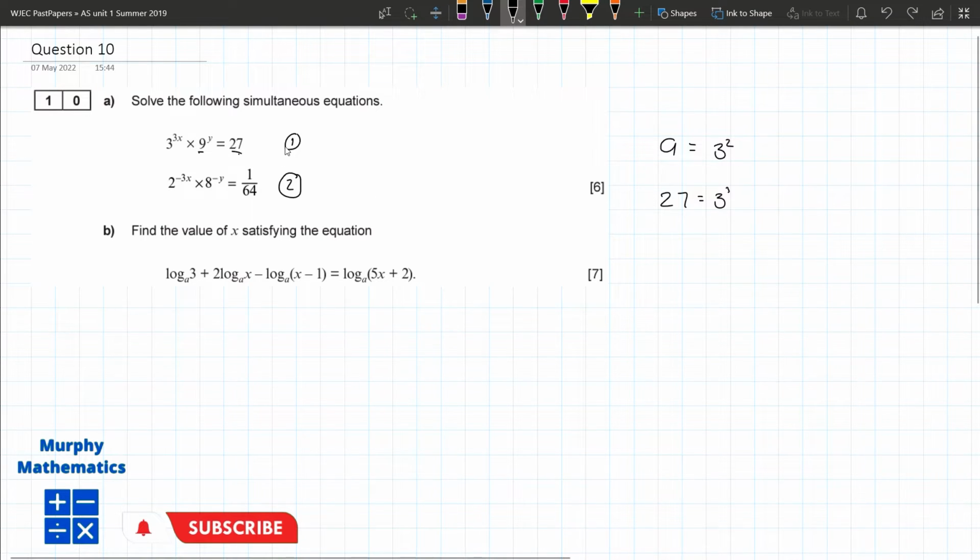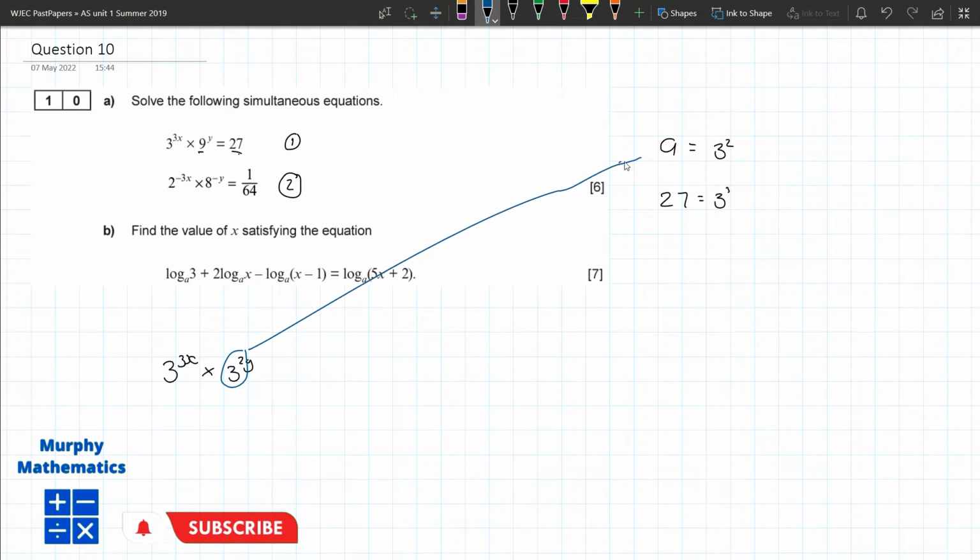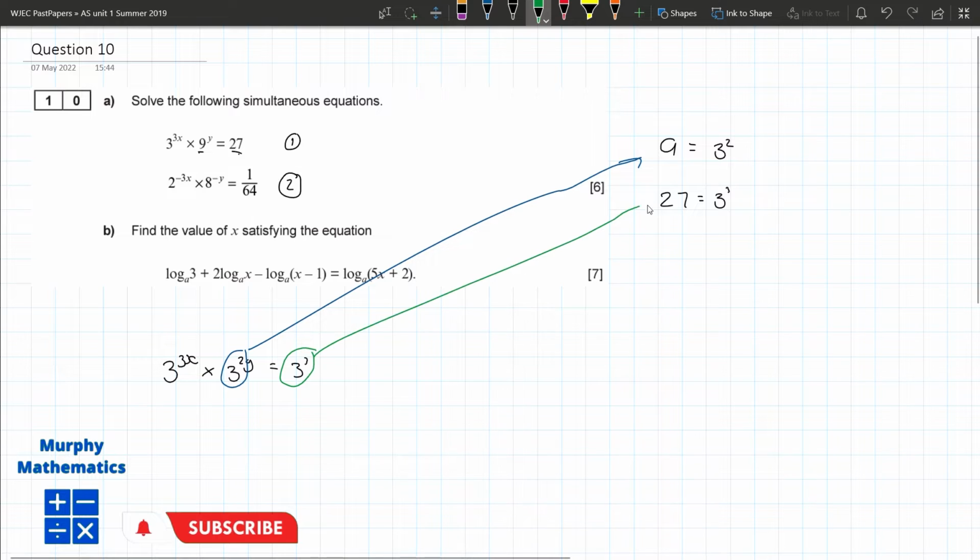So I'm going to rewrite my equation 1. I'm going to have 3 to the power of 3x times 3 to the power 2y, and I've got that from here, and I've got equals 3 to the power of 3, and I've got that from here.